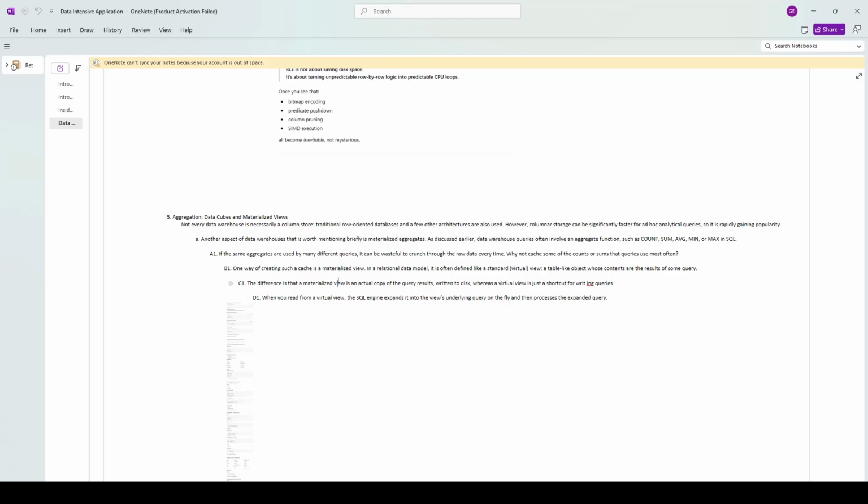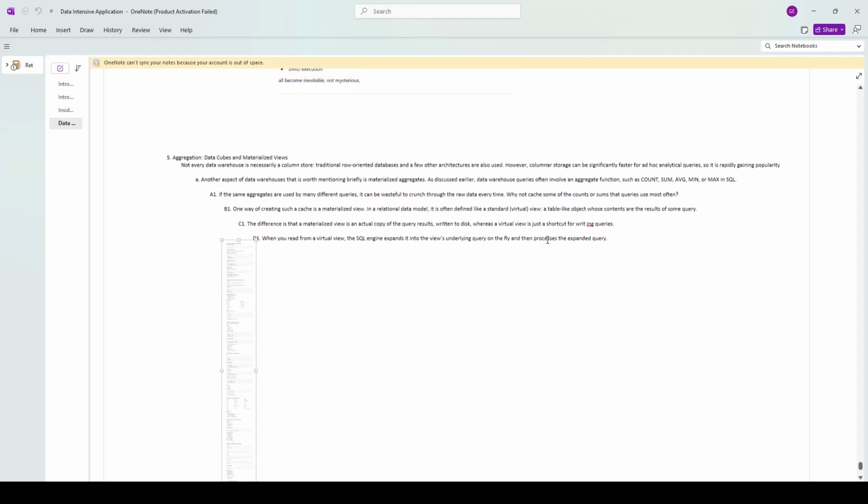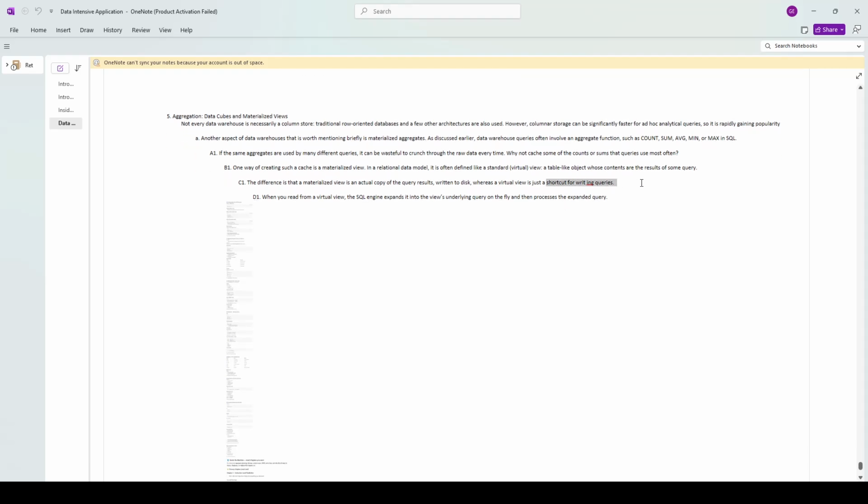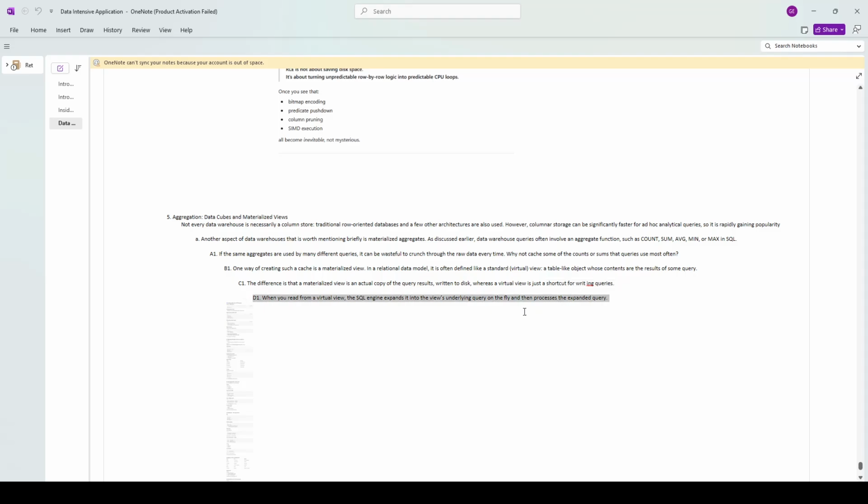So it's still a table object. In a relational database, it's a table or virtual table whose contents are the result of another query. The difference is that a materialized view is an actual copy of the results written to disk, whereas a virtual view is just a shortcut for writing queries.